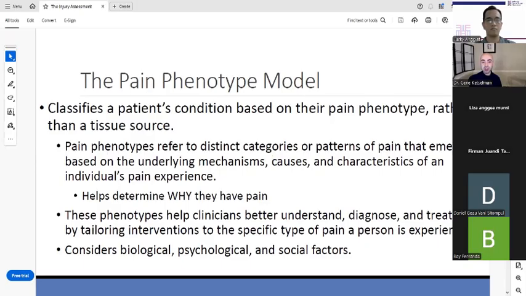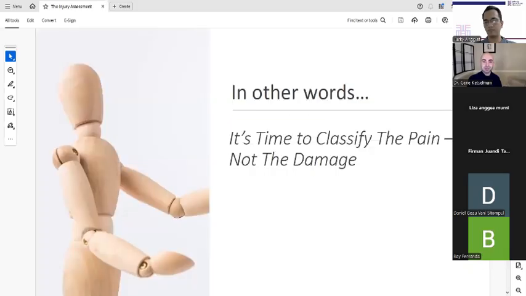So it helps us determine why they have the pain. These phenotypes help clinicians better understand, diagnose, and treat pain by tailoring interventions to the specific type of pain a person is experiencing. It considers biological, psychological, and social factors, so not just what shows up on the imaging. If this isn't quite making sense yet, I promise you I'm going to make this very clear and we're all going to understand what this means.